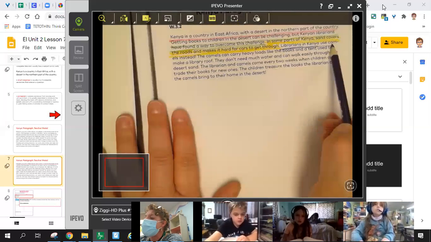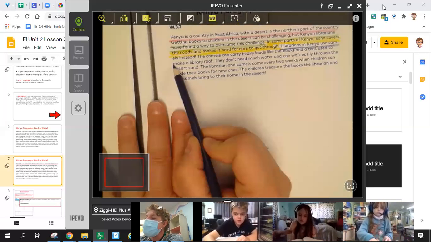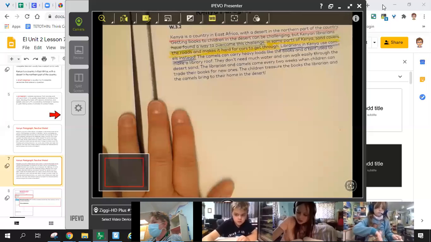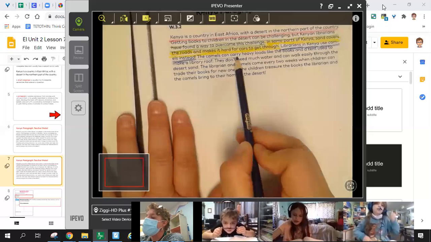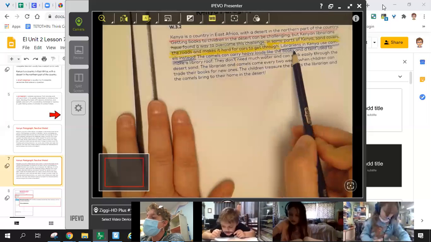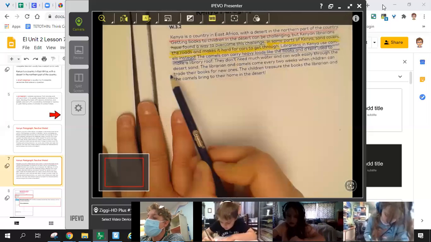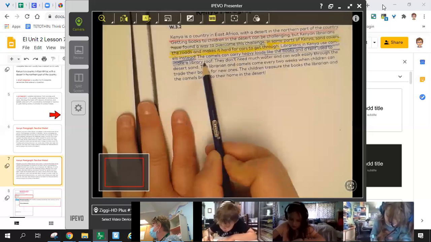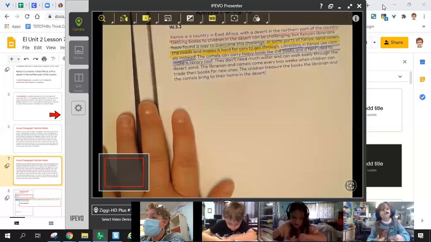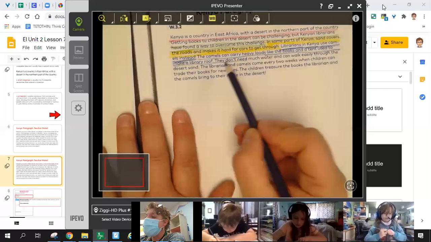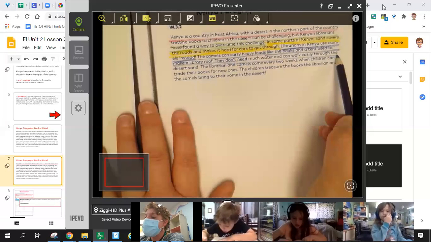Librarians in Kenya use camels instead. Yay. The camels can carry heavy loads, like books and a tent used to make a library roof. Did we write that in our notes? Yeah, we did. They don't need much water, and they can walk easily through the desert sand.